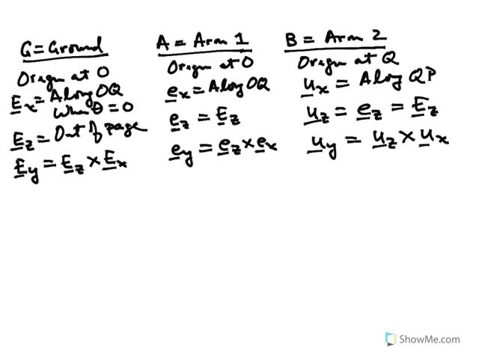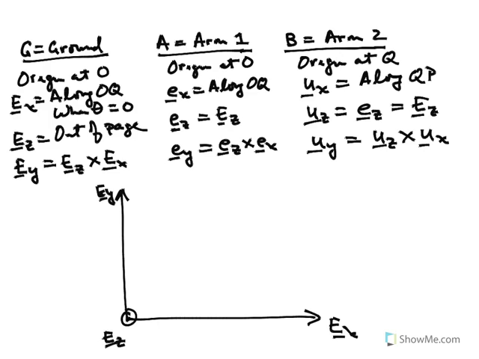Now let's look at a picture, and then we'll move from there. So the picture looks like this: here is the ground fixed coordinate system. Let's draw them all. Here's the ground fixed coordinate system, which has EX, EY, and then EZ.